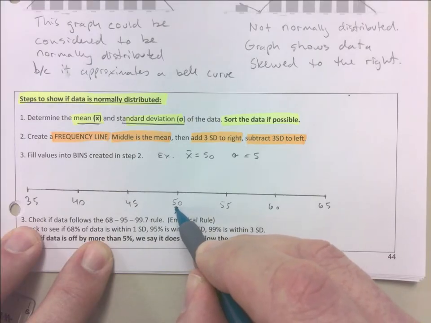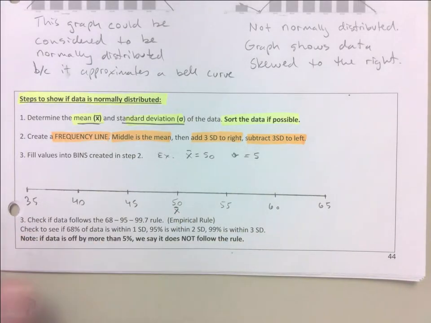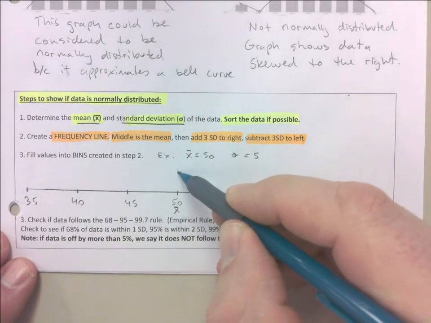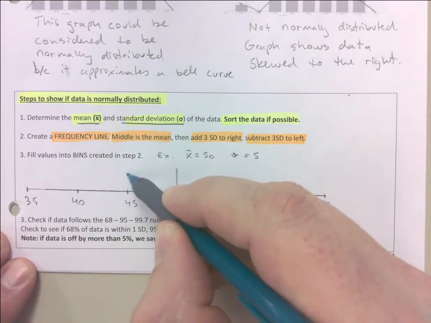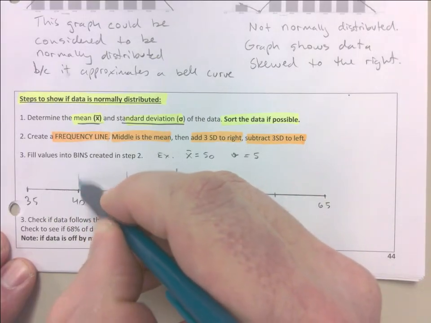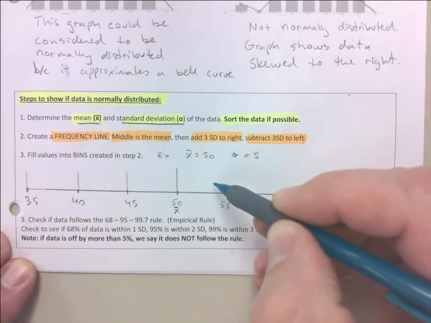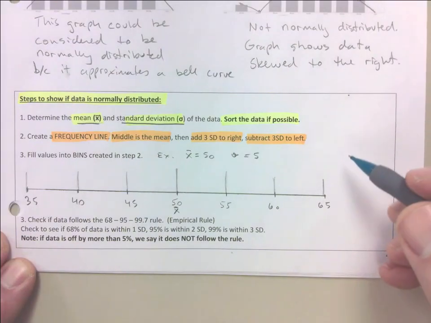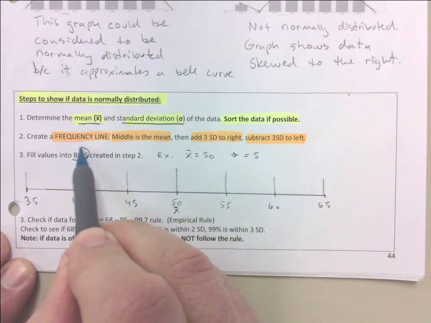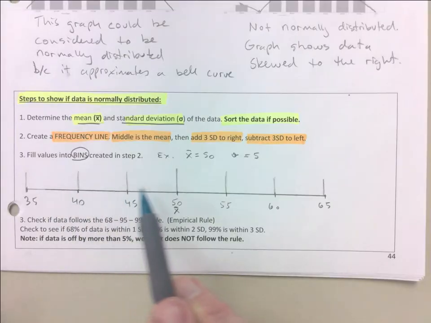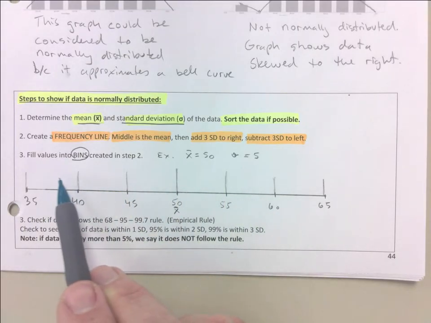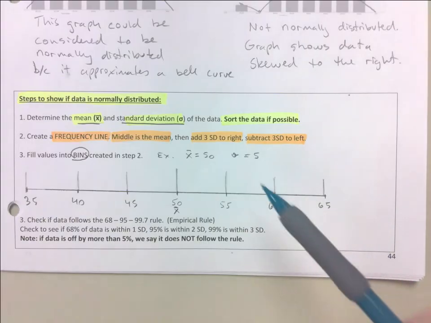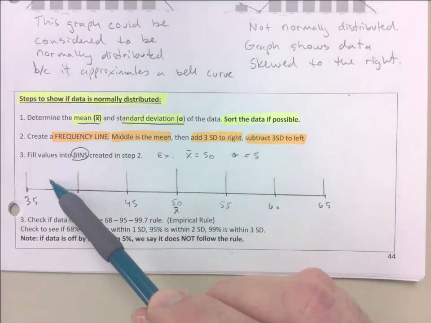This is my mean, the middle. And I make bins like this. That's what I mean by bins. You have 6 bins that you've created, and you're going to go to your data and place the values in there.